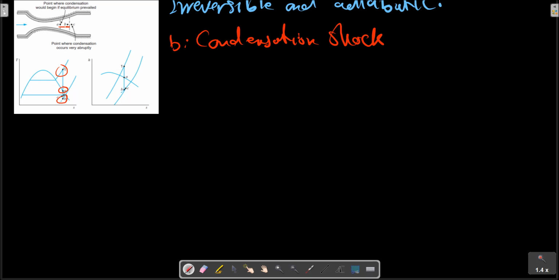Between point A and B, the steam exists as a vapor, but the temperature is below the saturation temperature for the given pressure, temperature smaller than T saturated. This is known as a metastable state.